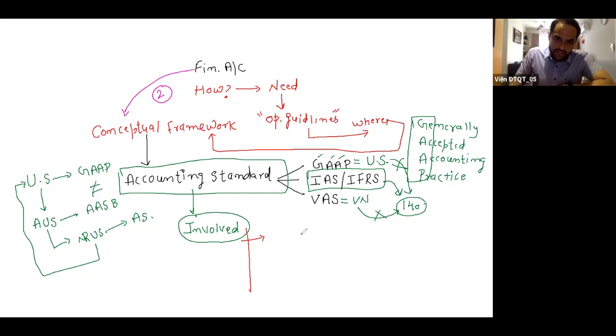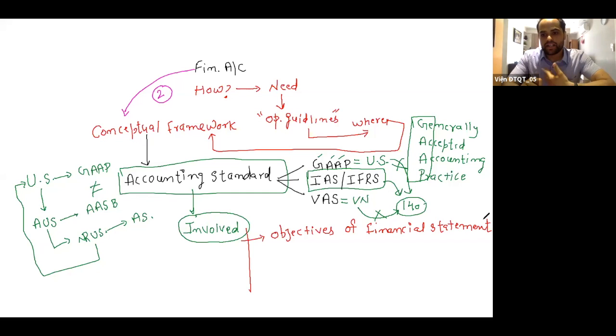The first one is with the help of accounting standard, we understand what is the objective of financial statement. What is the objective of financial statement, right?